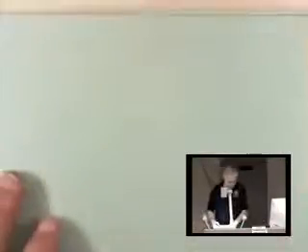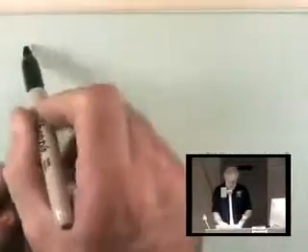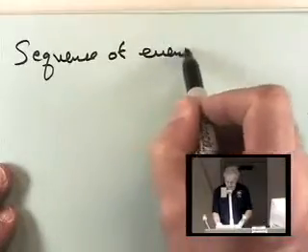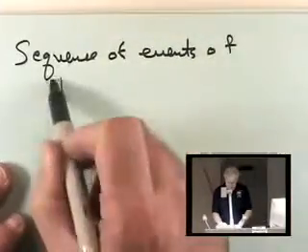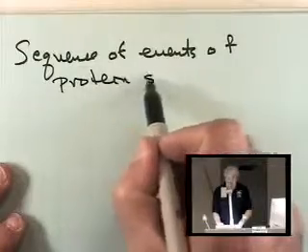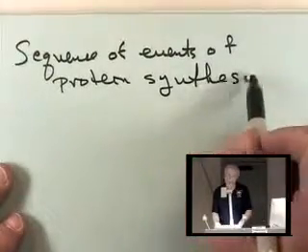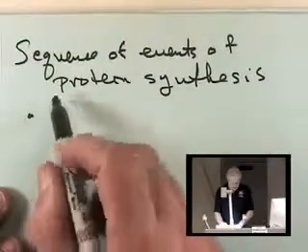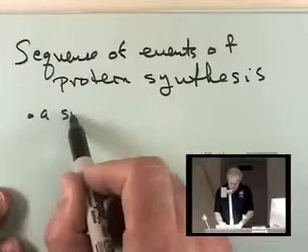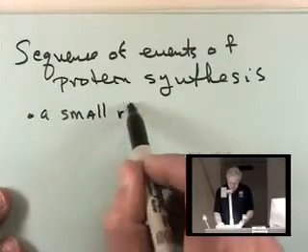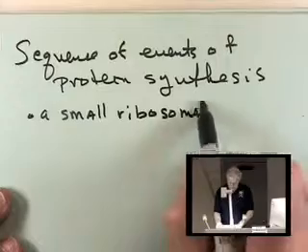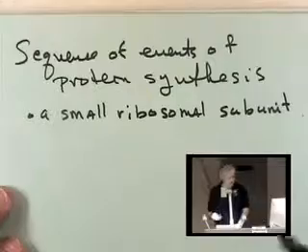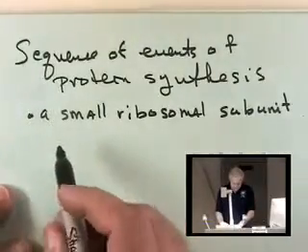So now let's try to think of a sequence of events of protein synthesis. So a small ribosomal subunit binds with the mRNA. I'd stated that the small subunit is the one that has the site for the mRNA to bind to it and holds it in place.